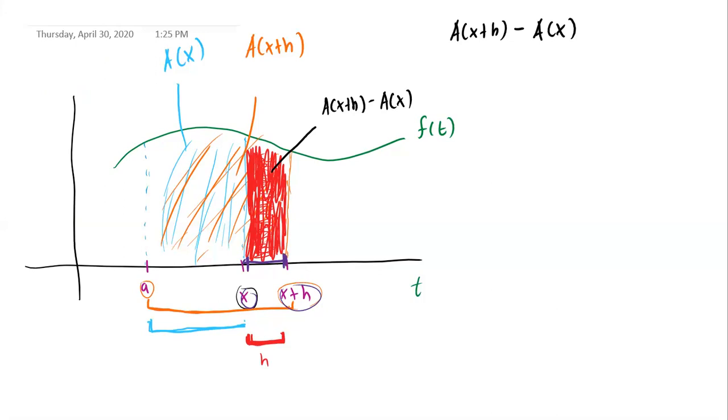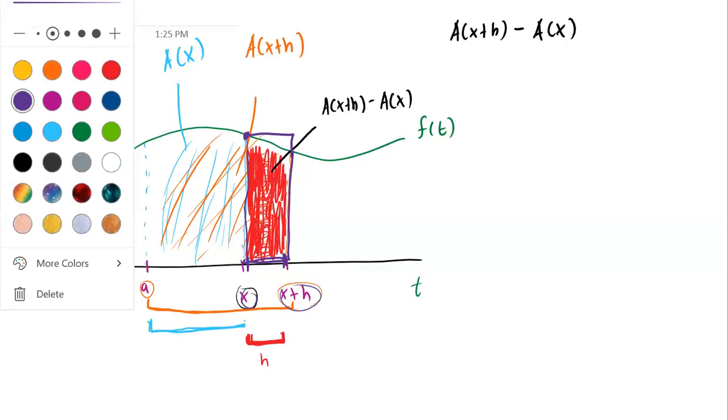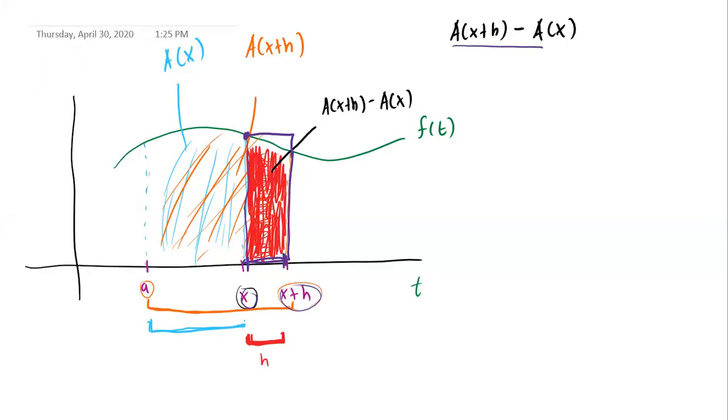That's going to be the length of our rectangle. Now I want the height to be given by the left endpoint, so I'm going to go up here, and that's going to be my rectangle. So this is going to be an approximation for the area. Okay. So the exact area is A of x plus h minus A of x, right? We found that that's the exact area. And we're going to approximate it with this one rectangle, which is just one rectangle approximation using the left endpoint.